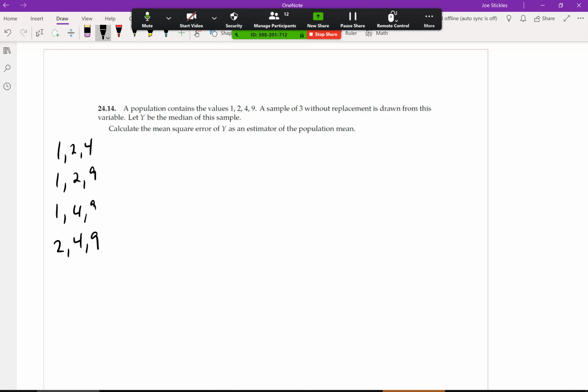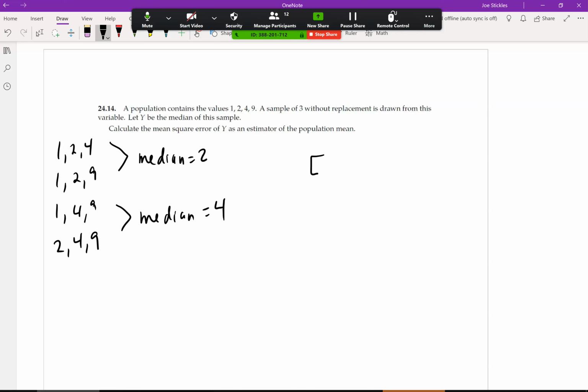So notice that the median of the first 2 samples is 2. And the median of your second 2 samples is 4. So if you think about doing this over and over again, you would expect that half of the time you would get a median of 2, and half of the time you would get a median of 4.